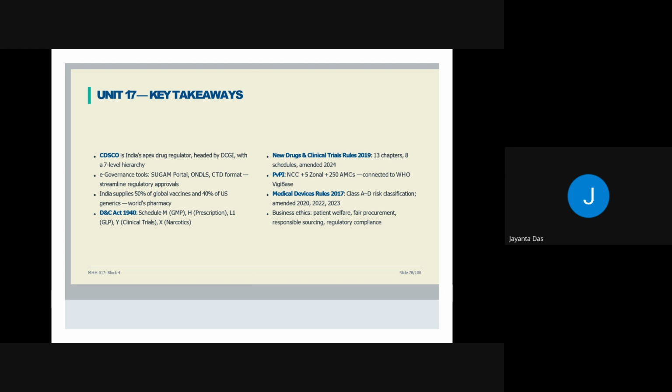India supplies to a greater extent to global countries, including the US, UK, and other developed countries. We discussed the Drugs and Cosmetics Act 1940, the new drug and clinical trials rules, pharmacovigilance, medical device rules 2017, and the business ethics, patient welfare, fair procurement, responsible sourcing, and regulatory compliances.